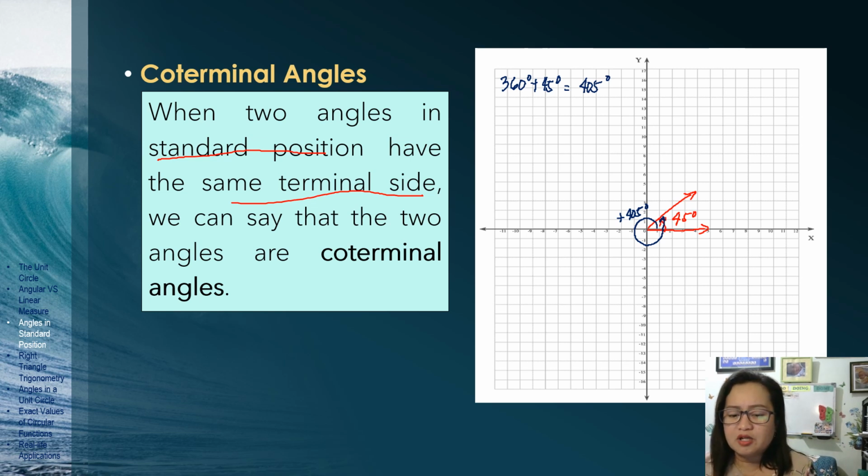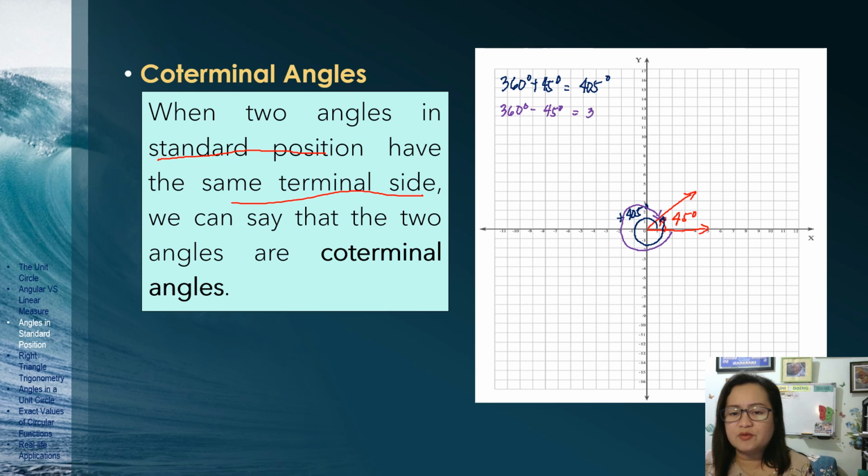Now, what about the smallest negative angle? Let's rotate in a clockwise direction. One full rotation is 360, but we still need 45 degrees. So all we can do is subtract 45 degrees from 360.